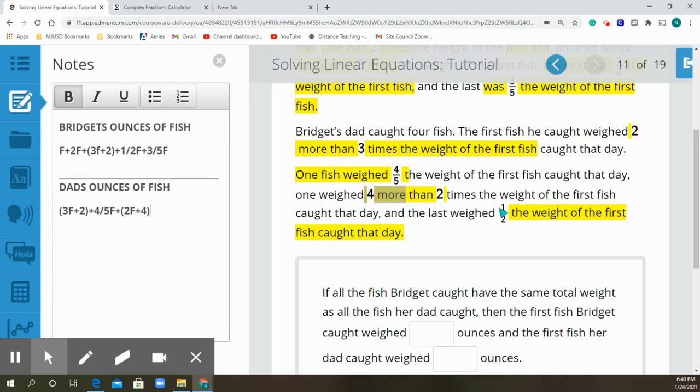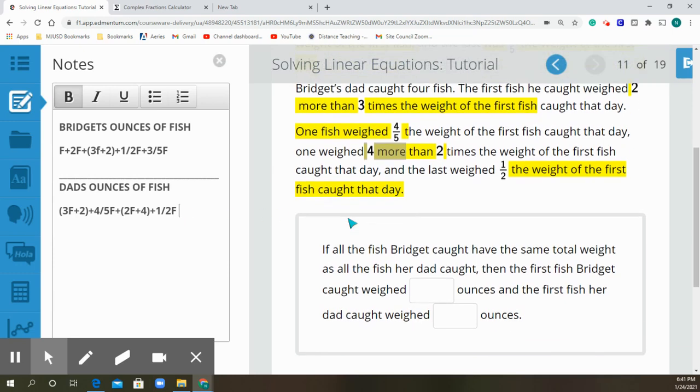And the last was half the weight of the first fish that was caught that day. Plus half F. Okay, so dad's ounces of fish were 3F plus 2 plus 4/5 F plus 2 times F plus 4 plus half F.